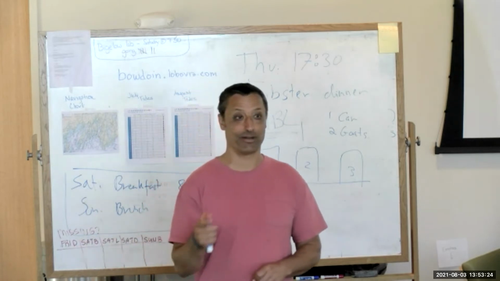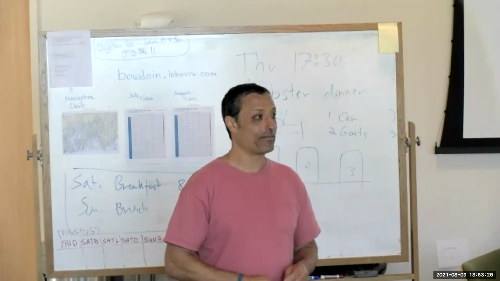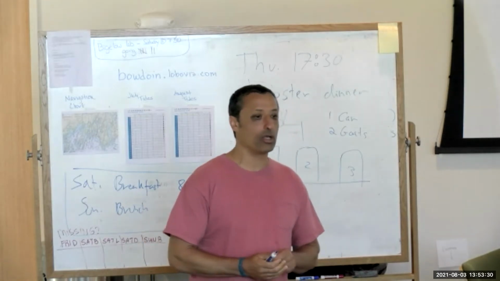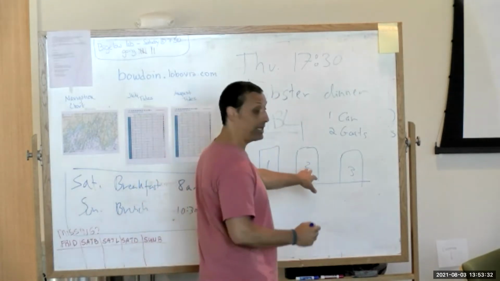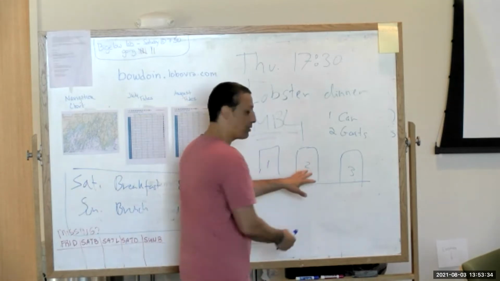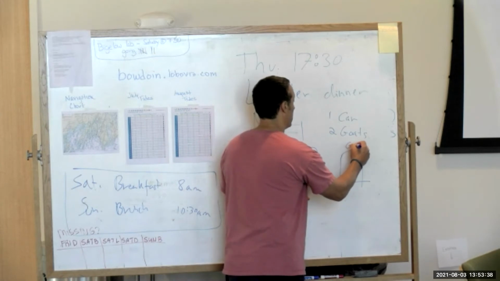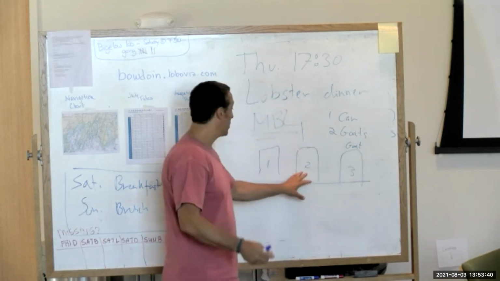This should change. The probability should change. So let's say you chose 2. I tell you there's a goat here, and you'd say I'm going to switch to 1.